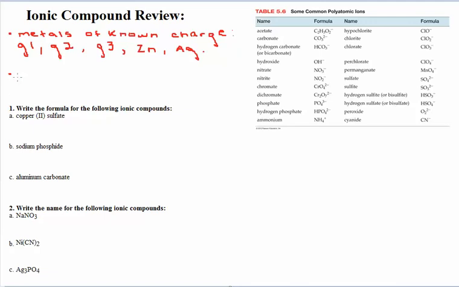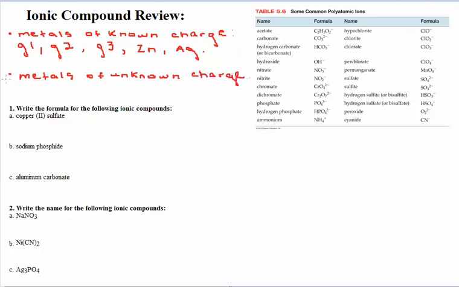So for these examples, I always know the charge of the metal. The other type of ionic compound I can deal with is metals of unknown charge. Now, this includes your transition metals.